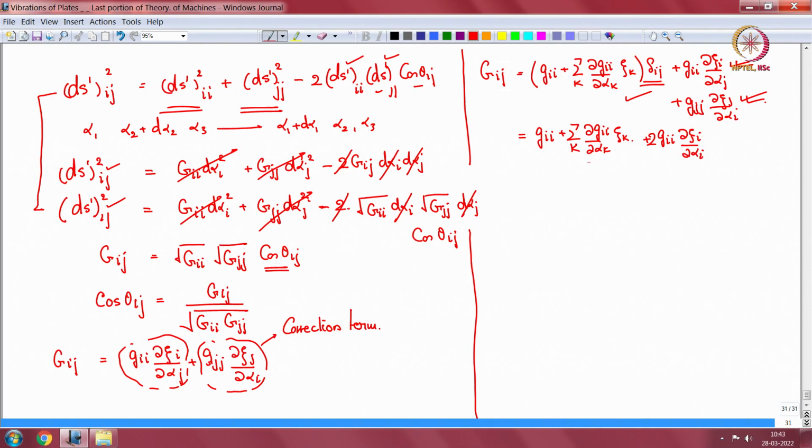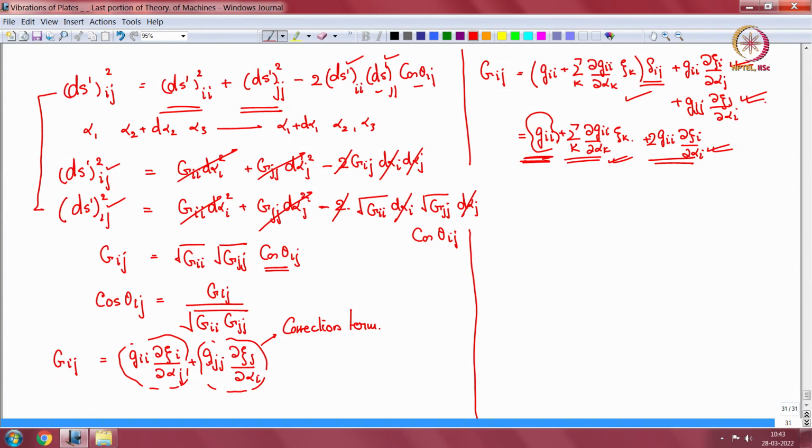Now here these are the correction terms, and this is the original first order term. These correction terms cannot be bigger than the original term. That's the linear part of the linearity.